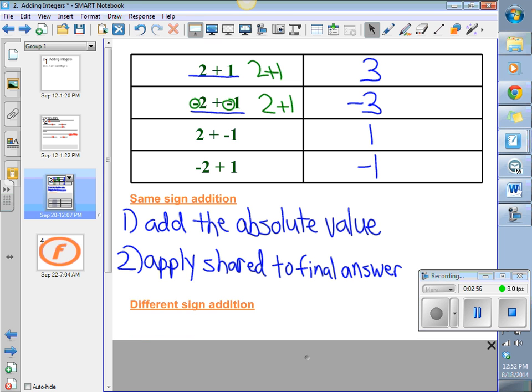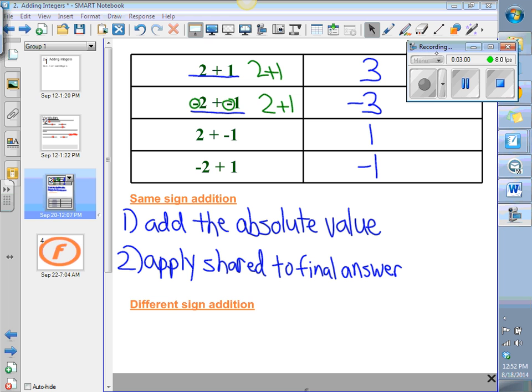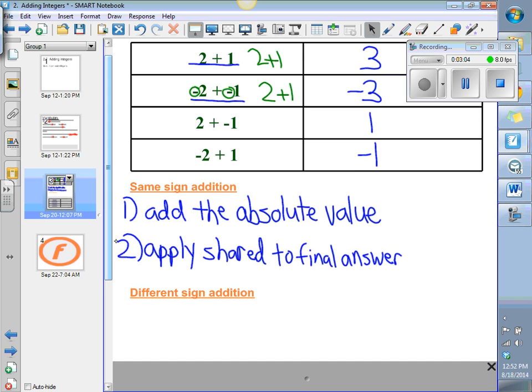Now, different sign addition. Very similar in the rules to same sign, with one major change in the first step. Different sign: we have positive 2 and negative 1, negative 2 and positive 1. Since the signs are different, the first step is to subtract the absolute values.